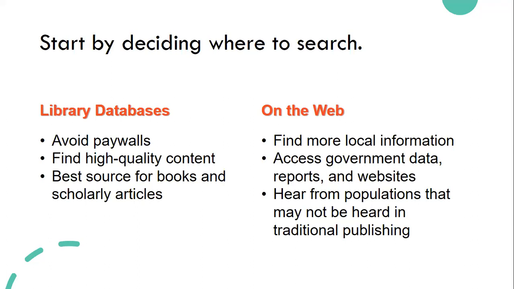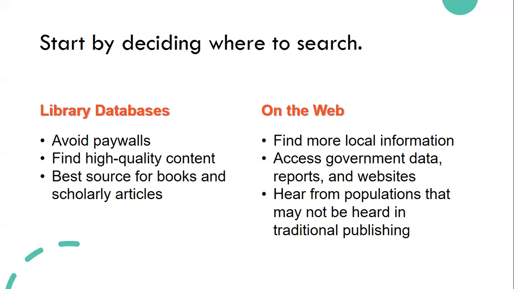It's also the best place to find books, especially digital books and scholarly articles, which are notoriously behind paywalls for the most part. However, the web has strengths too, especially if you are searching for, say, information about Aurora, Illinois. You're much less likely to find that information in a library database than you are to find it on, say, an Aurora organization website or the city website. It also gives you access to a vast web of information that the government collects.